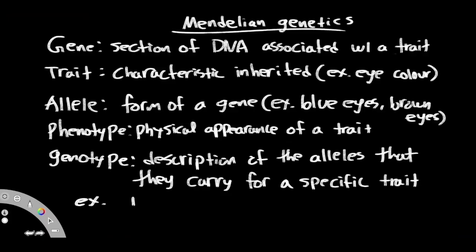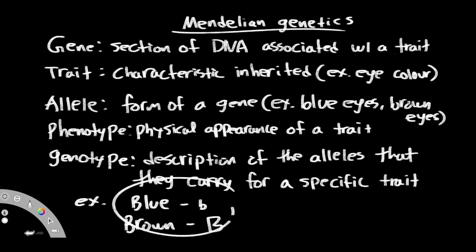So for example, let's say blue is represented as a small b, all right? But a brown eye could be represented as a big B. If they have blue eyes, they need to have two of these small b's.